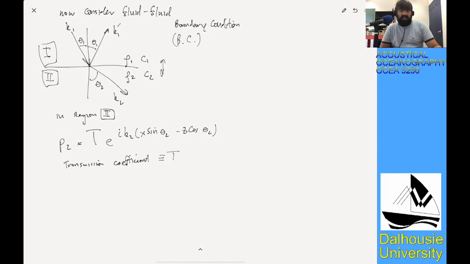So we go back to our intuitive fluid mechanics physics brain, and we say, okay, first of all, we know that pressure in region 1 at the interface has got to be equal to pressure in region 2 at the interface. And that's pressure continuity.